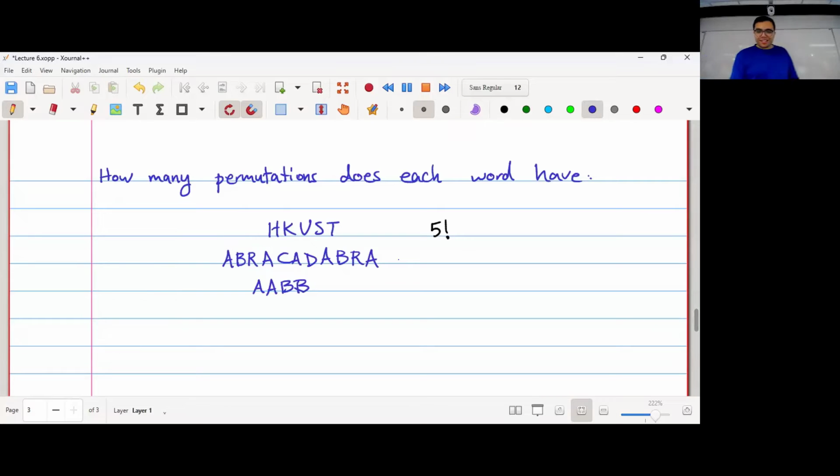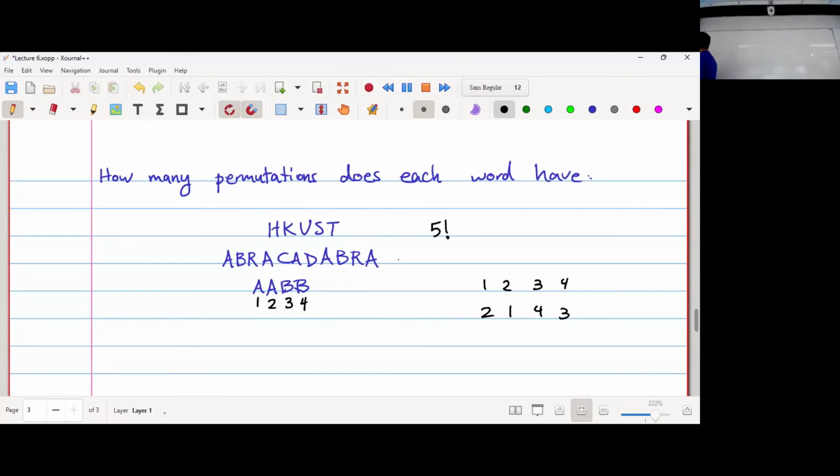But that's not really correct, right? Because if I consider them to be different, it's like assigning a different number to each one of them. So let's say this is 1, this is 2, this is 3, this is 4. And then I'm counting all the permutations of 1, 2, 3, 4. One of those permutations is, of course, 1, 2, 3, 4. But another permutation would be this one, 2, 1, 4, 3.